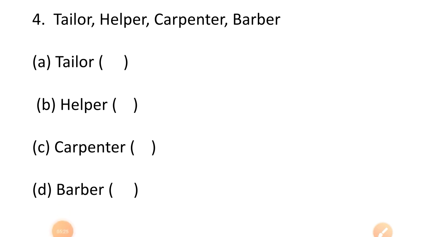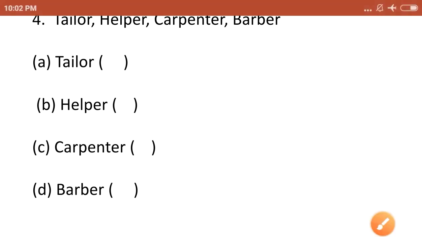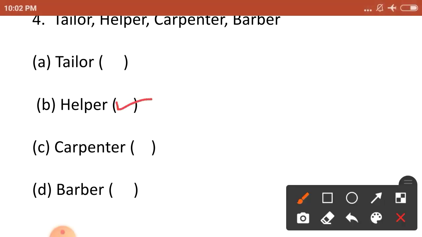Students, tailor, carpenter and barber are persons who are experts in their field, while a helper only assists others in their work. Hence, option B is the right answer. Helper is the correct answer.